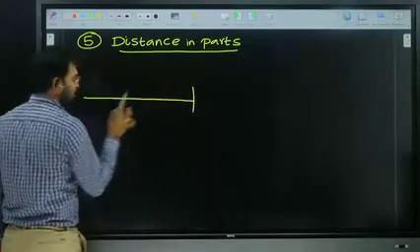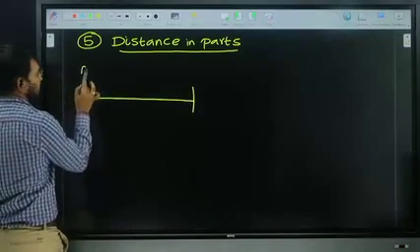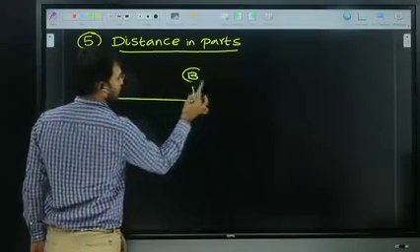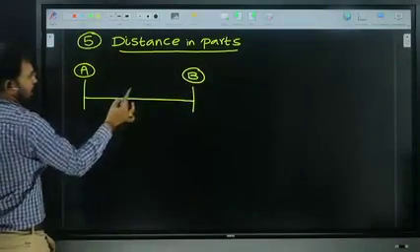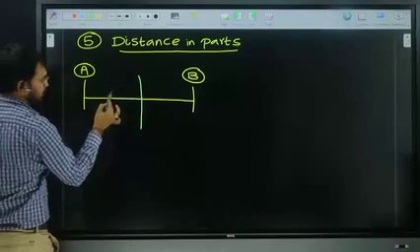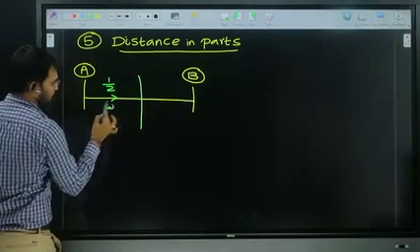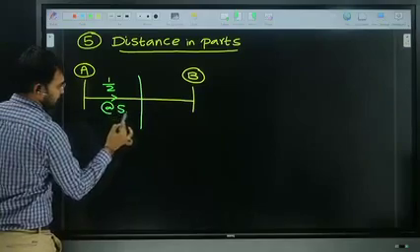For example, this is place A, this is place B. Half of the distance they travel with s1 speed.